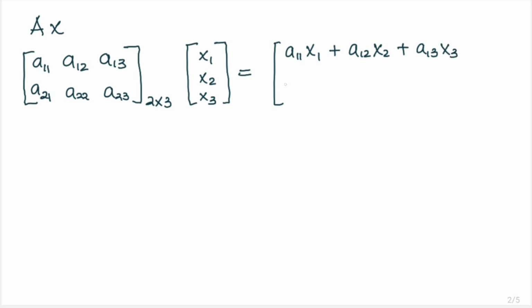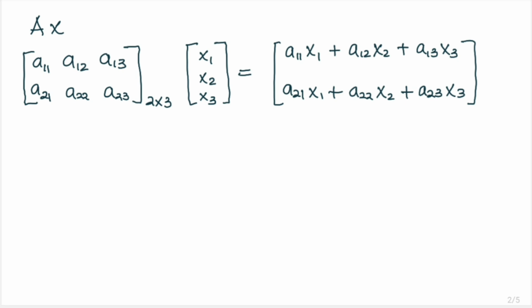Then we do the same for the second row: A21 times x1 plus A22 times x2 plus A23 times x3. So our result has 2 components, and this is how the 2 components look.